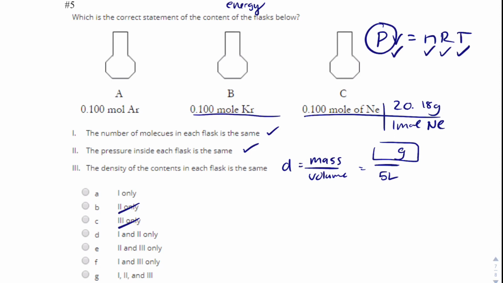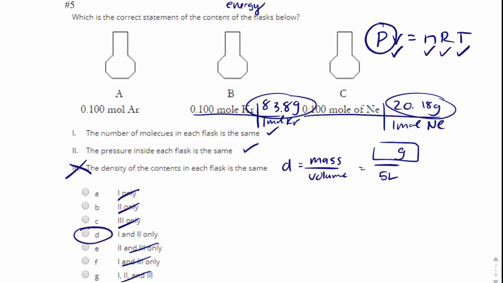Krypton, according to Google here, because I'm not looking at a periodic table, 1 mole of Kr is about 83.8 grams. And so mathematically, we can see that those will not be the same mass. So 3 is not correct. So 1 and 2 are correct. 3 is not correct. So that would leave you with answer choice D.